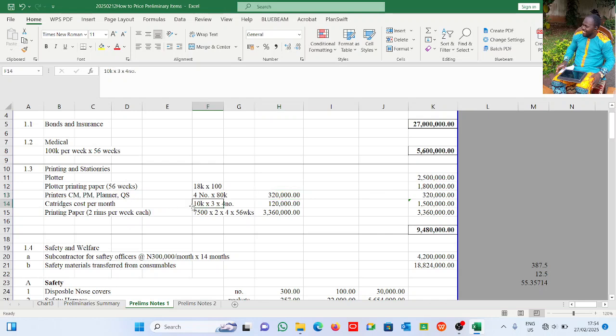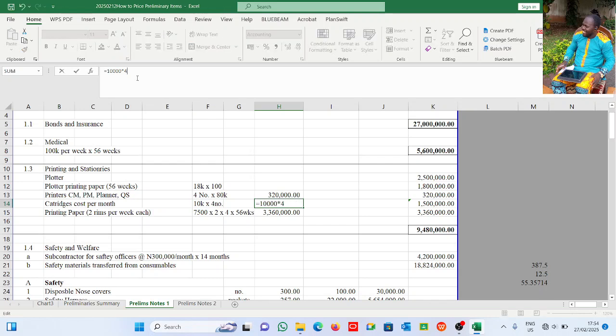So at 10,000 naira per one for 4 printers. For 4 number printers. All right, let me do this here.